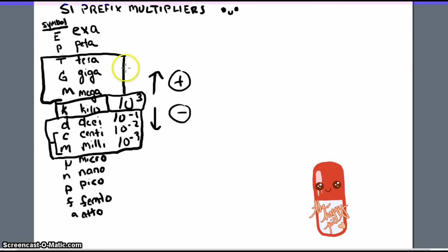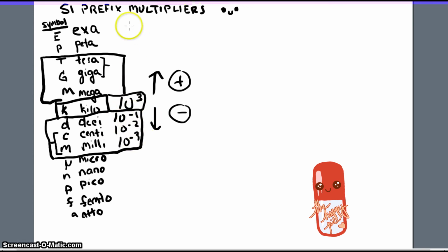Now, the next one is mega, giga, and tera. How I memorize it is that in computer terms, a terabyte is going to be larger than a gigabyte. So in the same way that this is -1, -2, and -3, this would increase. The only thing is that it's not going to be -1, -2, and -3.